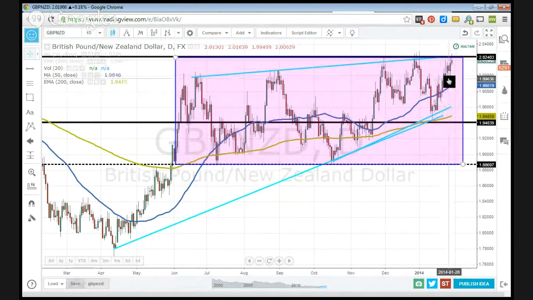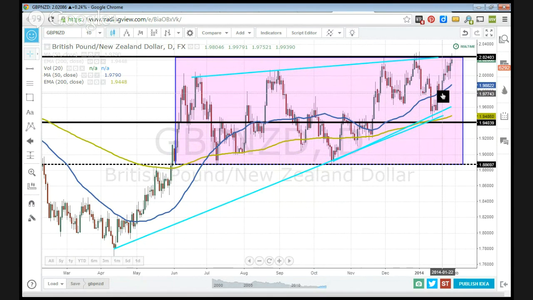Based on how the Kiwi dollar is looking, I see Kiwi weakness, so I don't want to go long the Kiwi, which is what shorting pound Kiwi would essentially be. I think it's much better to trade it up, and this is clearly expressed with a trend too. We have a rising wedge here. Although some people like to short the rising wedge at the top. But in any event, I'm going to stay away from pound Kiwi. I just wanted to share that.